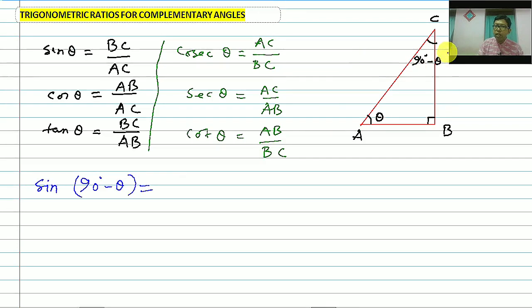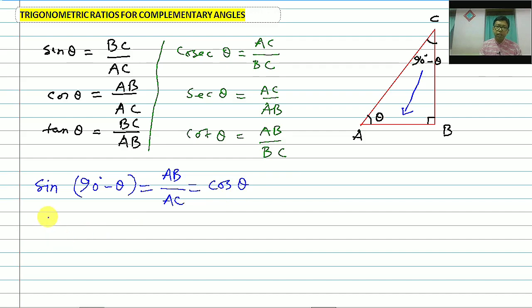If you consider this angle 90 degree minus theta, then the opposite side will be the perpendicular with respect to the angle 90 degree minus theta, and BC will be the base. So sine of 90 degree minus theta is equal to perpendicular divided by the hypotenuse. So AB upon AC, isn't it? From this one, AB upon AC is cos theta. So sine of 90 degree minus theta is equal to cos of theta.